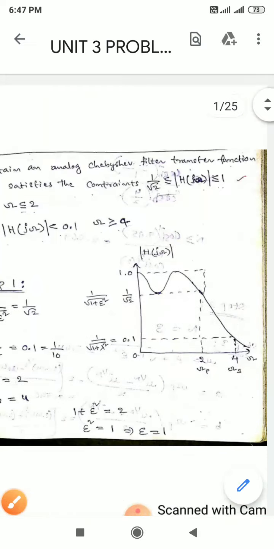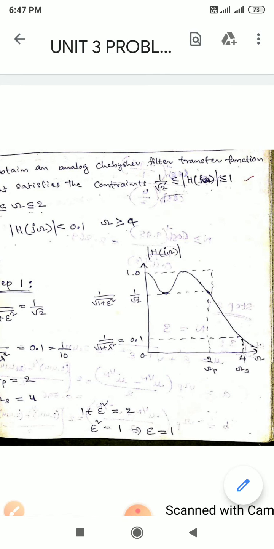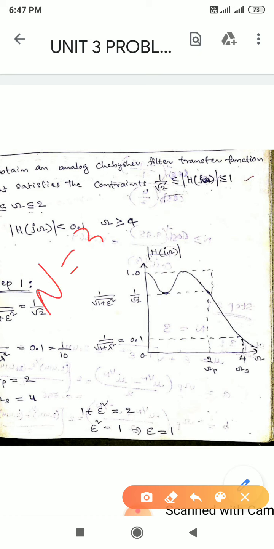Observe the first problem, the order of the filter is 3, and the equiripple starts at 1. In this problem, the order of the filter is 2, so the ripples start at 1 by square root of 1 plus epsilon square.